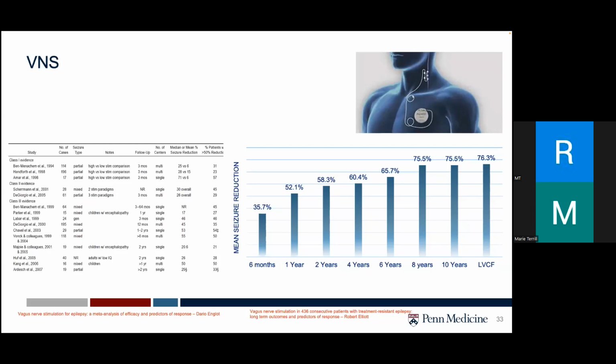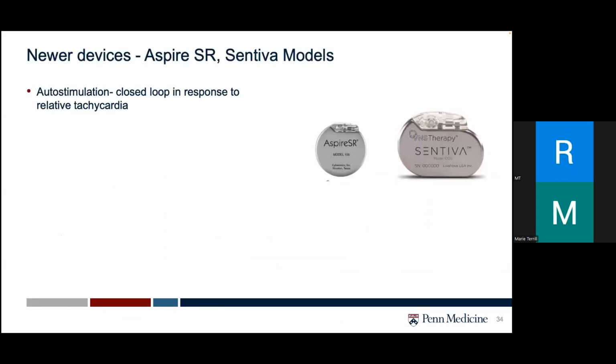Now, long-term studies have reported varying rates of seizure reduction. Some have shown around that 50% mark, and some have reported a higher response rate. Surprisingly, analysis also revealed that patients with generalized epilepsy and children derived more benefit from the therapy, even though they were initially excluded from the device approval. Some of the newer devices like Aspire and the Sentiva have additional features and programming options.